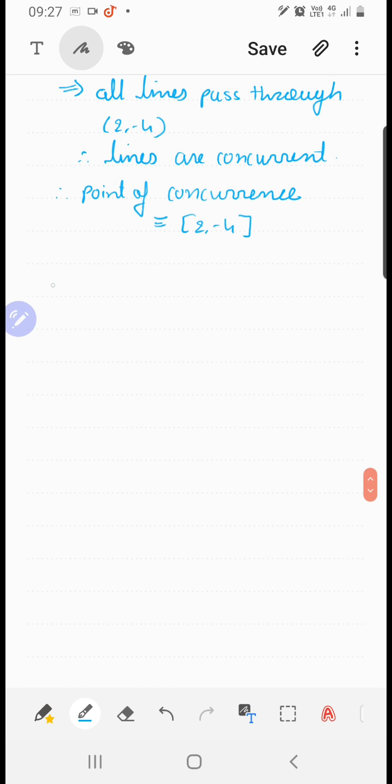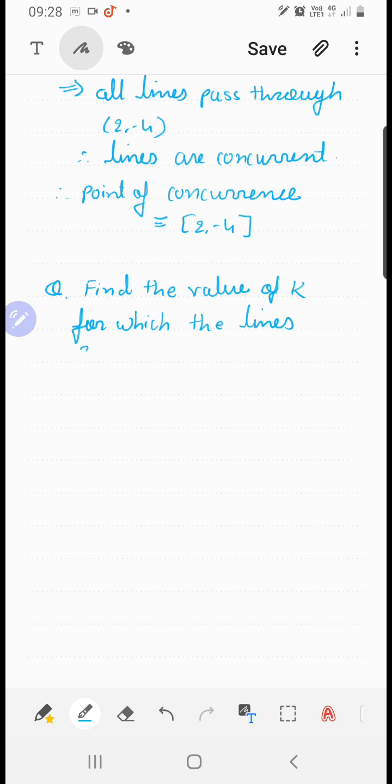Now in MCQ they may ask you like this also: find the value of k for which the lines 3x plus y minus 2 equal to 0, kx plus 2y minus 3 equal to 0 and 2x minus y minus 3 equal to 0 intersect at a point.